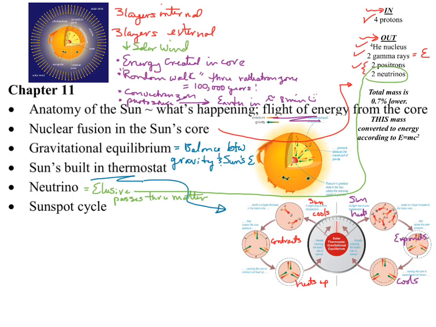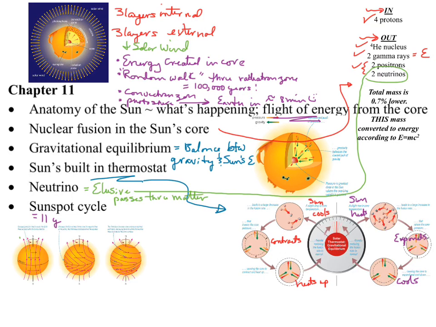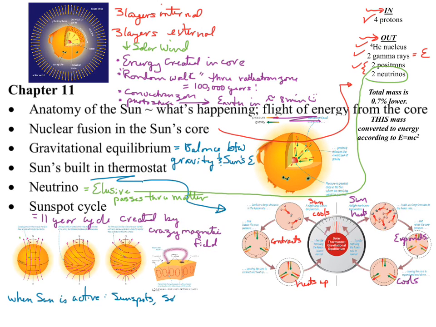And then the sunspot cycle. The cycle's about 11 years, and the sunspot cycle is created because of the sun's magnetic field lines. And so I kind of showed him playing Twister down here, kind of the 3 suns twisting, or 3 figures of the sun twisting around. That other little figure then to the right is showing you basically kind of how the magnetic field comes out of one sunspot into another.